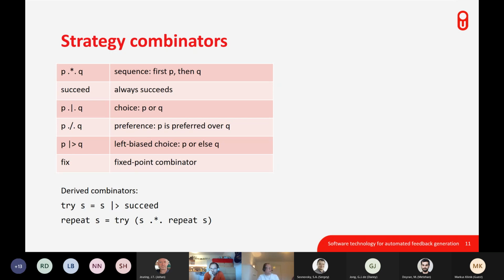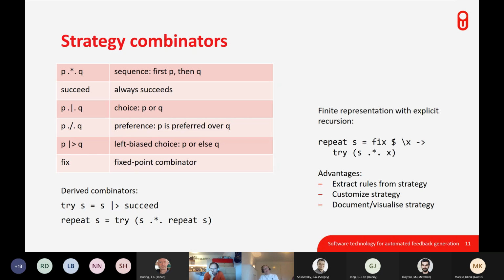Of course, we can use recursion in our language, but we can also make the recursion more explicit. For this, we can use the fixed point combinator that we also have in our language. The advantage of the fixed point combinator instead of having a recursive call to the combinator is that we can have a finite representation of the strategy.